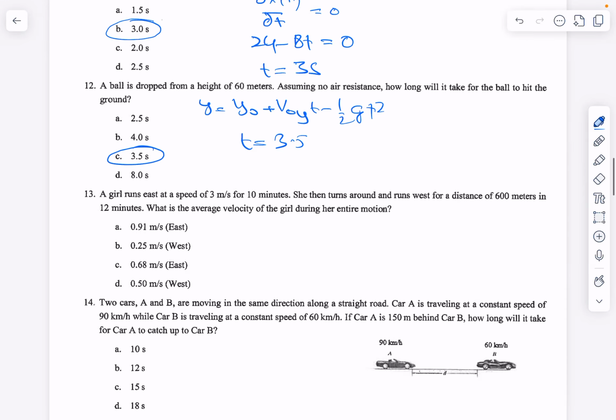So a girl runs east at 3 meters per second for 10 minutes. Then she turns around and runs 600 meters in 12 minutes. What is the average velocity?